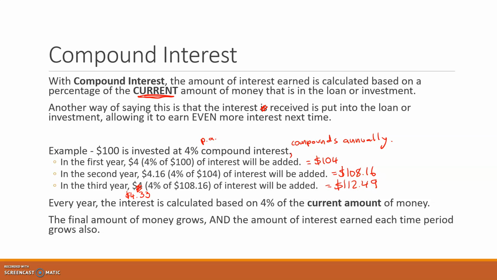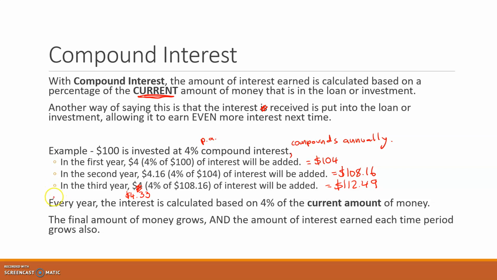Alrighty, so we can see under compound interest, we are now better off by 49 cents after 3 years. That margin, however, will just continue to grow and grow and grow because the extra bit on the top, see in the second year, sorry, we were only 16 cents better off. Now we're 49 cents better off. Every single year that goes forward will be better off by an even higher amount. And the next slide will really demonstrate that for you.